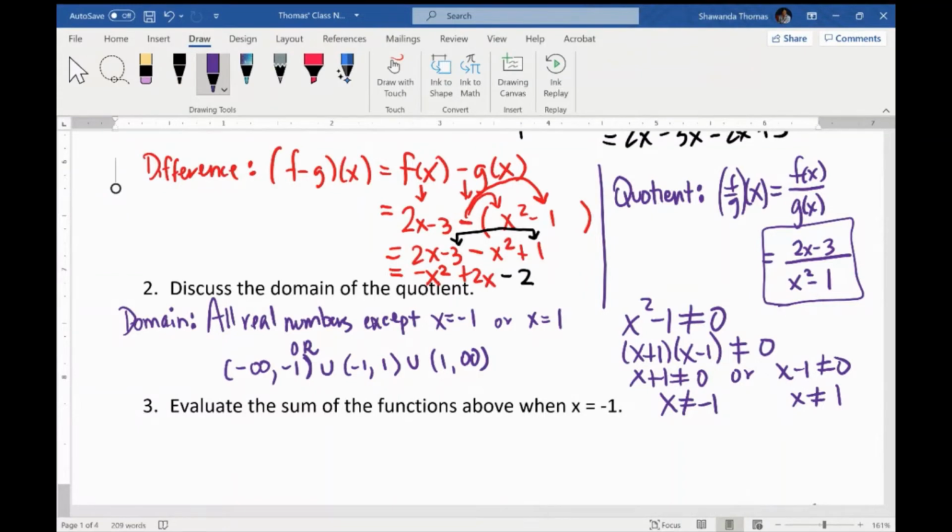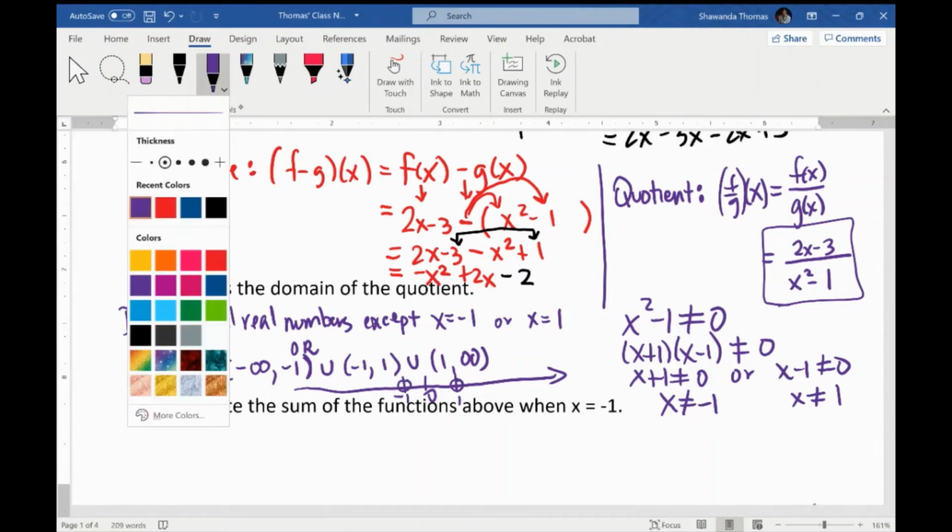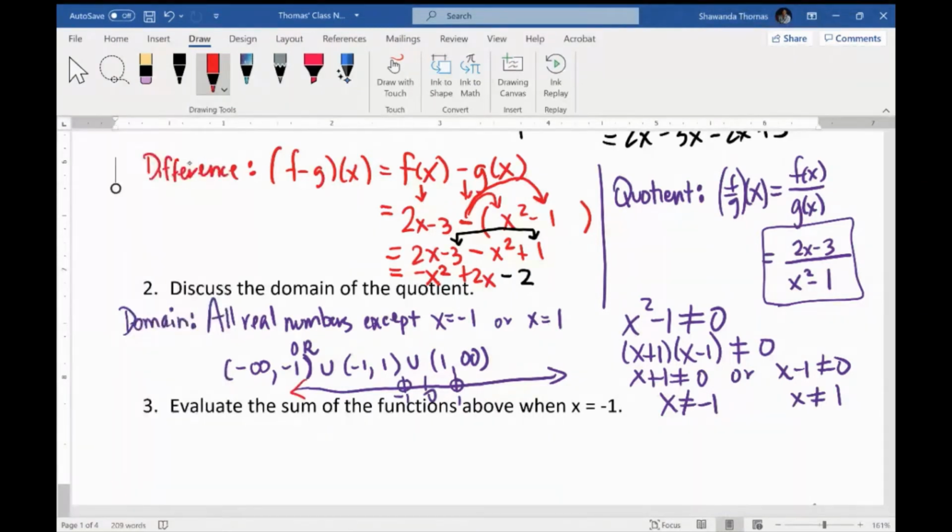You might want to draw a number line just in case you didn't get that, and maybe put open circles where -1 and 1 are, and then shade everything else so you can see where he got that from.